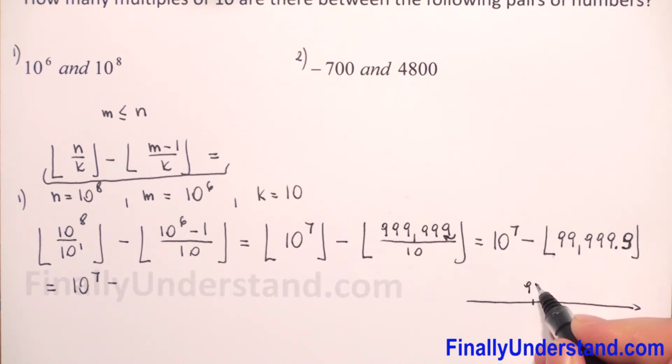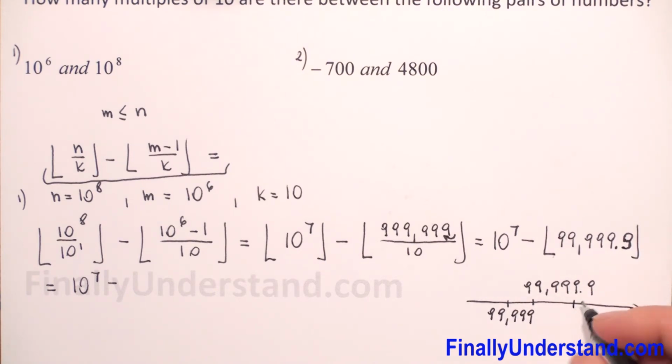Let me put this 99,999.9, and this number is between 99,999 and 100,000.